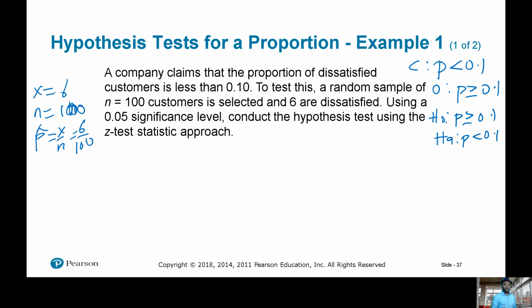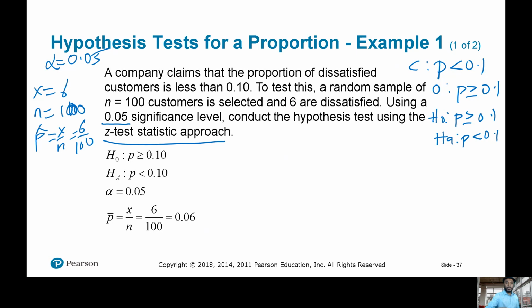As you're reading through, you can start writing out what you understand. So using a significance level of 0.05, alpha is given as 0.05. When we compute the test statistic, we're going to compare it with alpha. So conduct the hypothesis test using the z-test statistic approach, or I could say using the critical value approach.